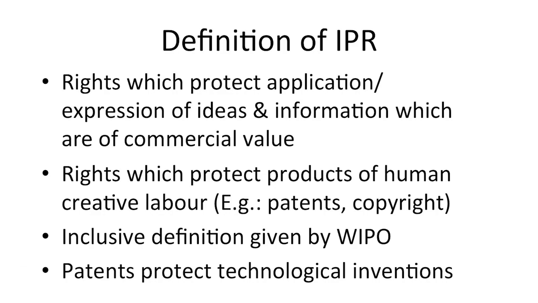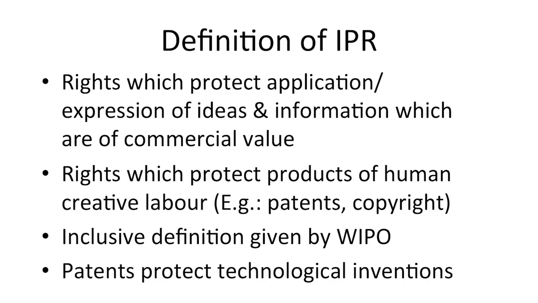The problem with the WIPO's definition is that it does not take care of new and emerging intellectual property rights. There are some intellectual property rights that are emerging as we speak. It does not take that into account. Secondly, there is no yardstick by which you can understand intellectual property rights. So we could come up with a definition of intellectual property right either as rights which belong to a particular nature, which protect creative and intellectual products that come out of human labor, or you could have a list of things on which an intellectual property right may manifest.